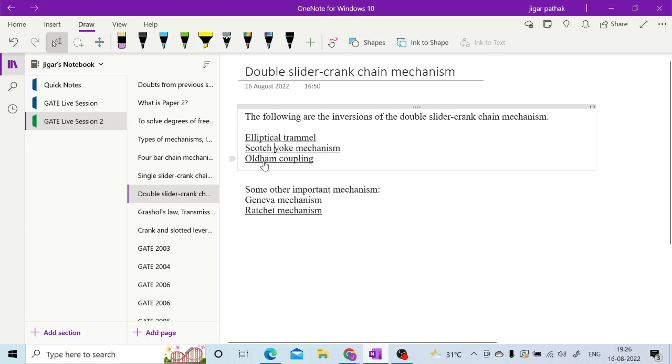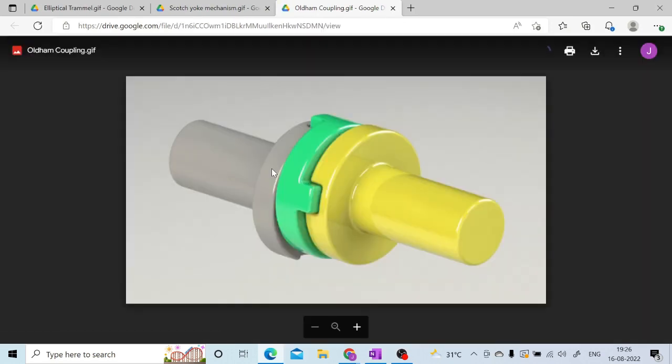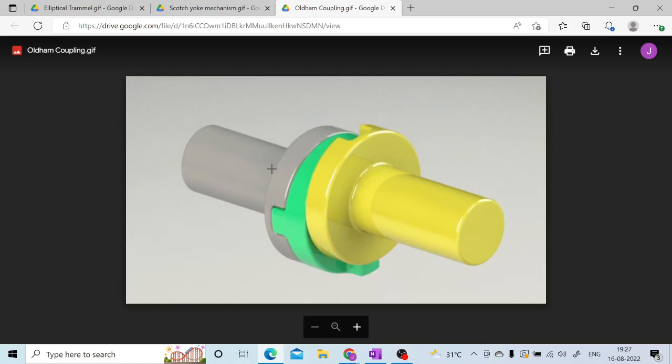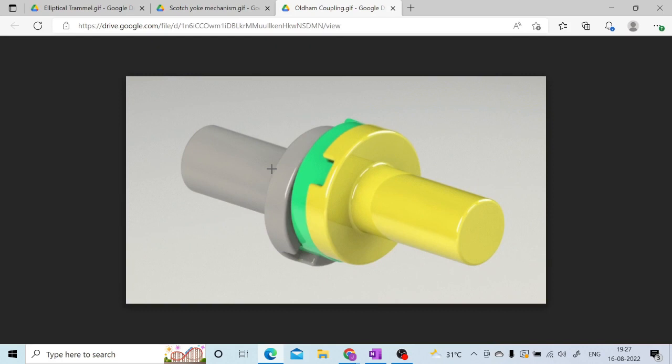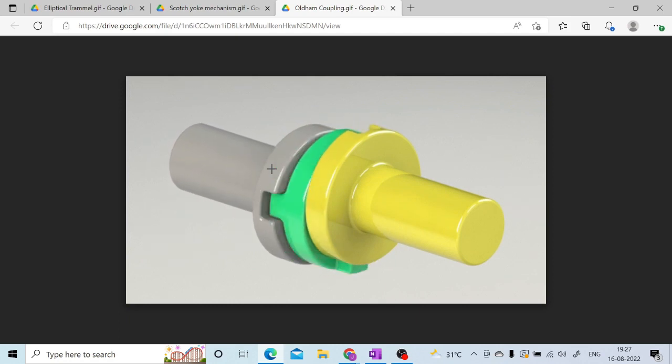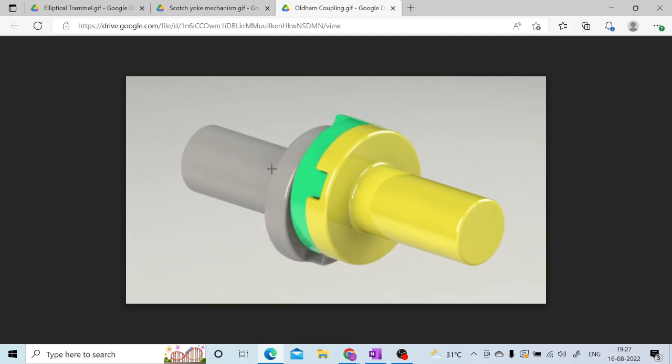And the last one is this Oldham's coupling, right? Here two slotted bars are there. At right angle you will have these slots, and you will have a connecting link which is having sliders which are going to slide inside these slots. So this is how you will have it.